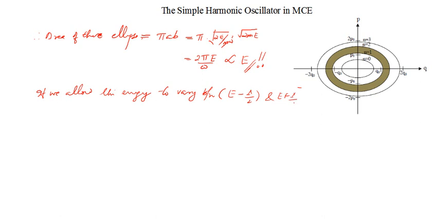Instead of E equal to a constant, we relax the condition for real systems and permit a small variation. Instead of sharp energies, we will be permitting a variation of energy delta. Then what will happen?